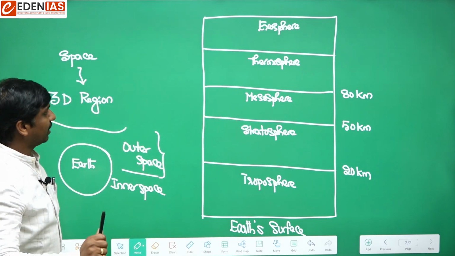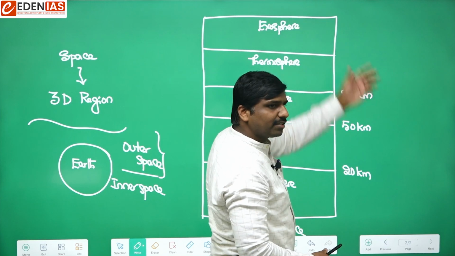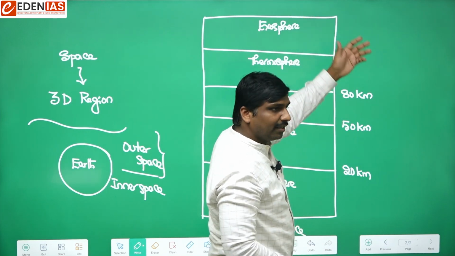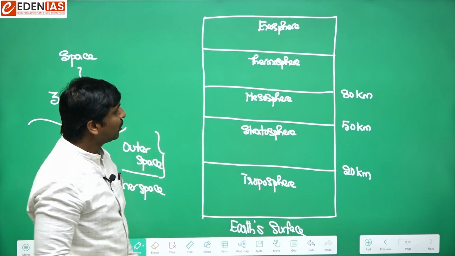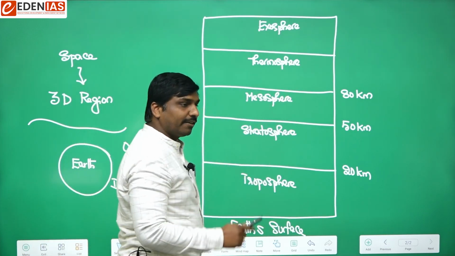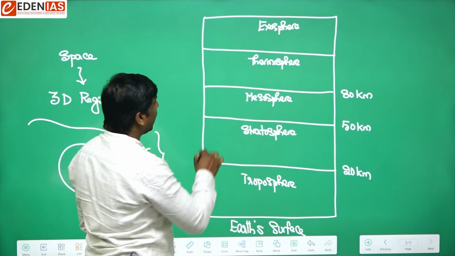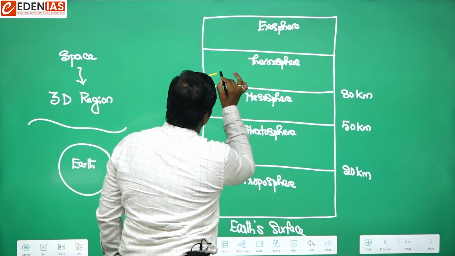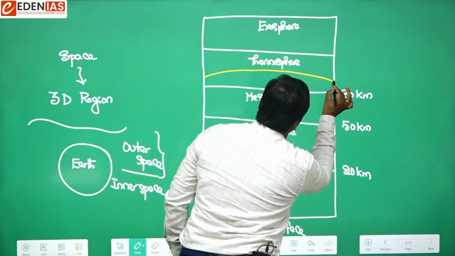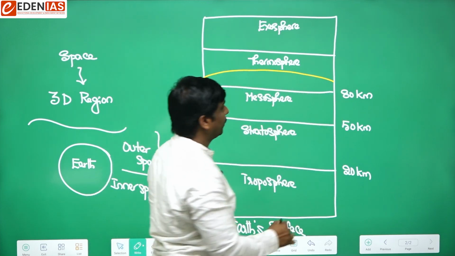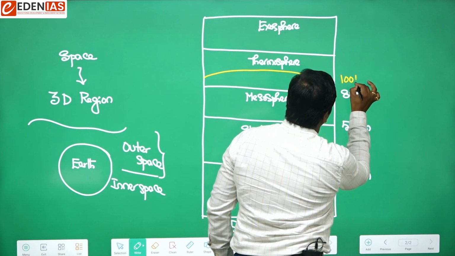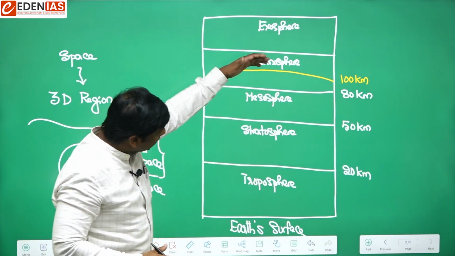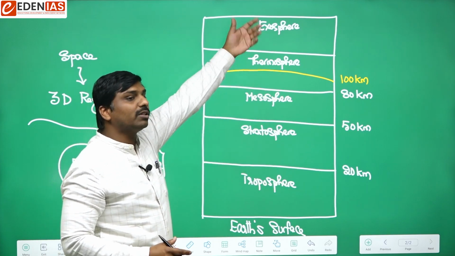Now let's try to understand. Beyond this, we will have up to 10,000 kilometers, and then it goes beyond that. Now in the thermosphere we will have a line, roughly around 100 kilometers. We will have a boundary that demarcates the inner space of the Earth from the outer space of the Earth.